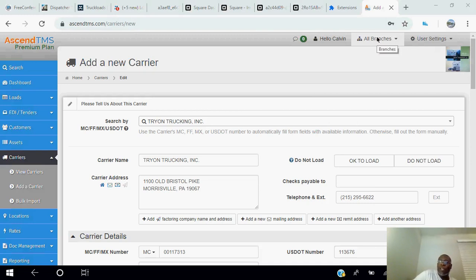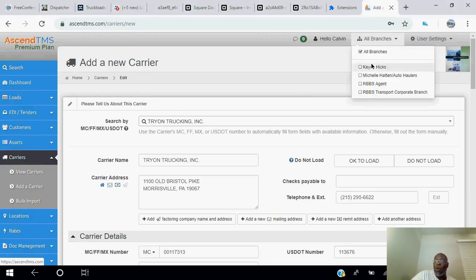We deleted a bunch of our dispatchers because we didn't have dispatch, we had brokers. We had broker agents. But as you can see, we used to have a whole bunch of branches, but we cut them all down once we went to a dispatch firm. This right here used to be loaded with like 70-some names.